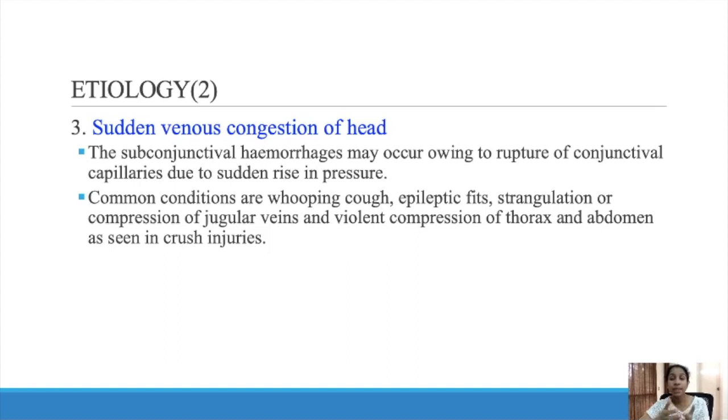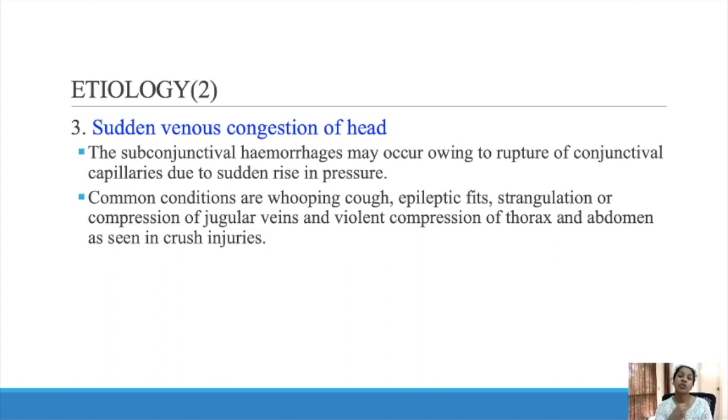So mainly it is due to whooping cough, epileptic fits, strangulation and compression of the jugular veins. The jugular veins, you know, right? They are here.